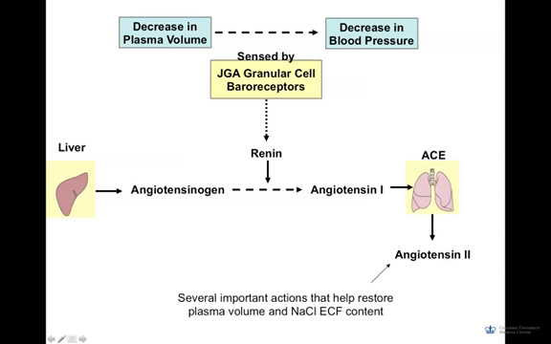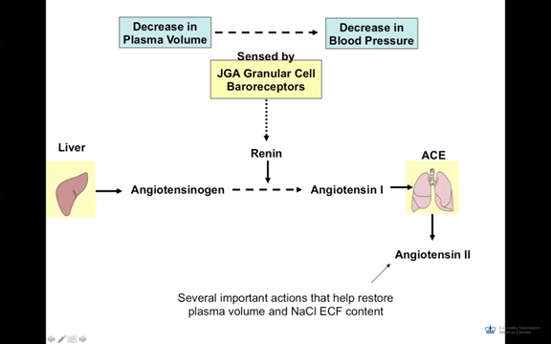Angiotensinogen is a peptide prohormone produced by the liver. It's converted by renin in the bloodstream. Okay, angiotensinogen is found in the bloodstream. When renin enters the blood, angiotensinogen is converted into angiotensin 1, which circulates in the body.